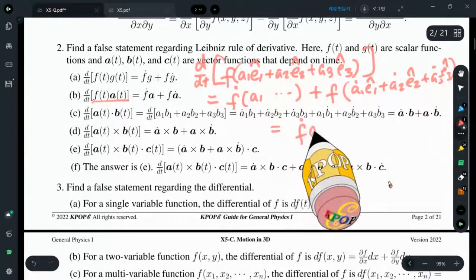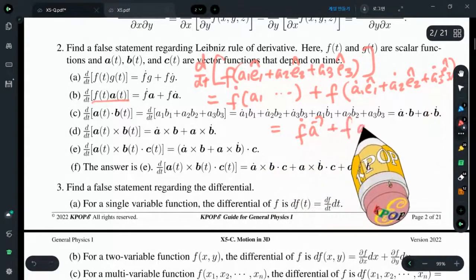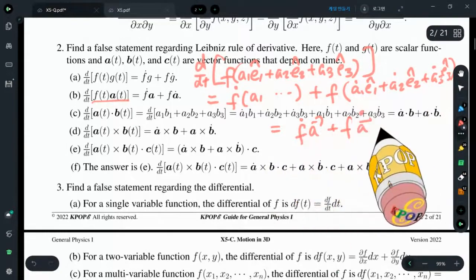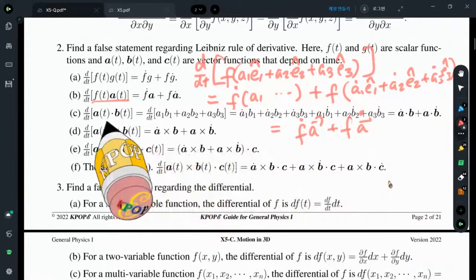Therefore, it is f dot a plus f a dot. So it can be generalized.